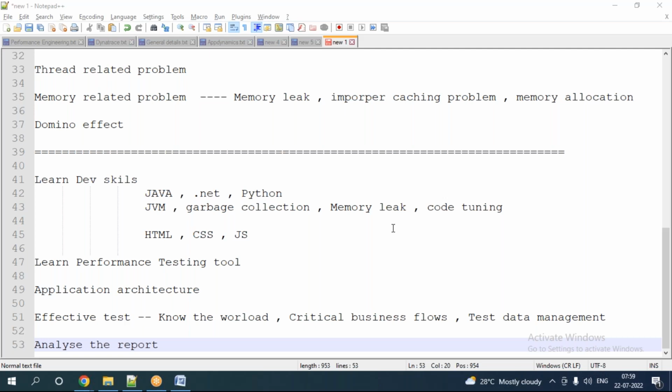For example, hits per second. If you put the term hits per second in the report, at least put a definition for it, because only then will the customer understand. Hits per second means the number of requests we are giving to the server per second.